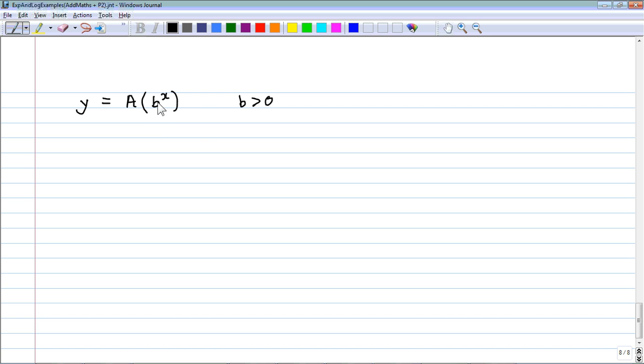As we already discussed, this kind of thing should not be negative, and almost always a will be a positive number, but I'll put that in brackets because I don't think it actually has to be. It just is usually. Alright, so as before, the task is to use data, estimate A and b from graph.